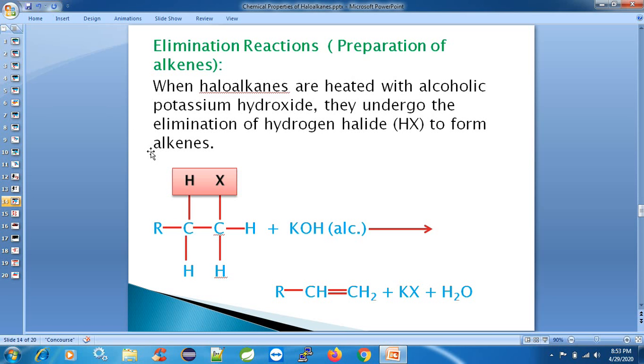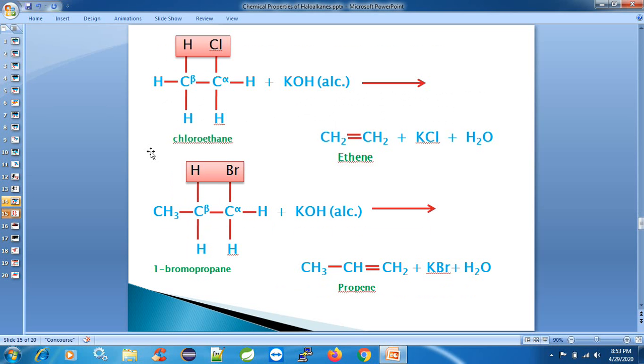The hydrogen atom removed in such a reaction is a beta hydrogen. So what is beta hydrogen? The hydrogen atom attached at the beta position is called beta hydrogen. The beta carbon is the carbon present next to the carbon which carries the halogen atom.